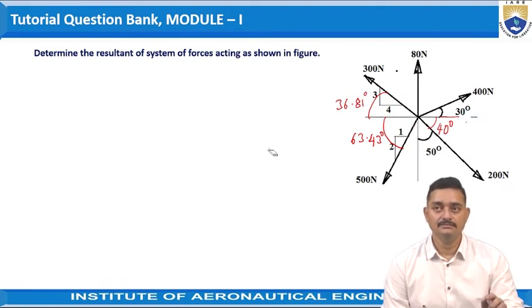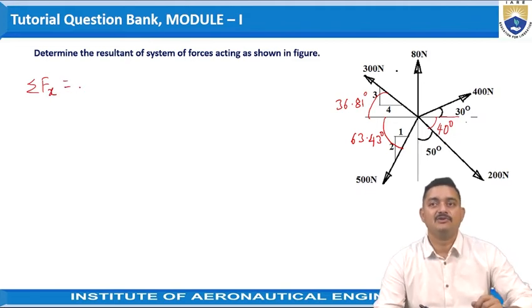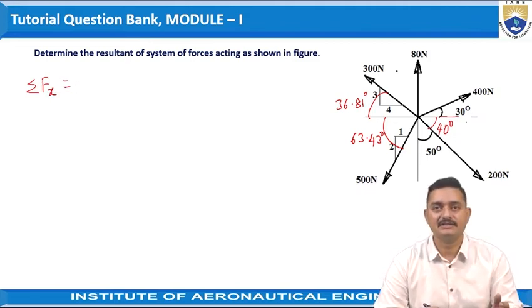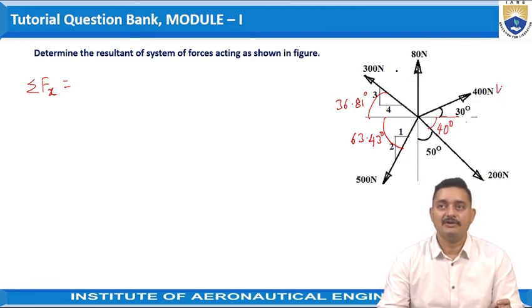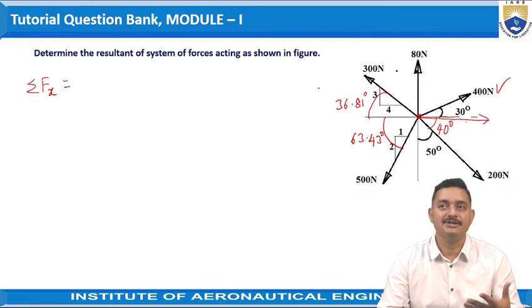So first let us take the horizontal component forces, that is sigma Fx. Let us consider the values of all the horizontal component forces first. We can take the horizontal component of this 400 newtons as 400 cos 30. If we see that individually, the force of 400 Newton is acting at an inclination of 30 degrees.